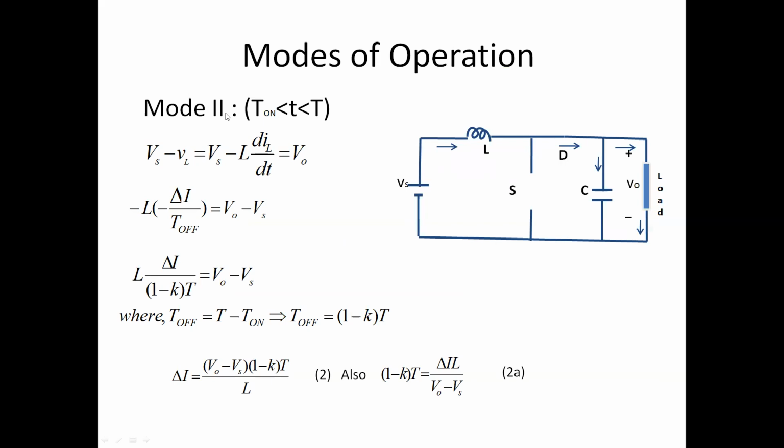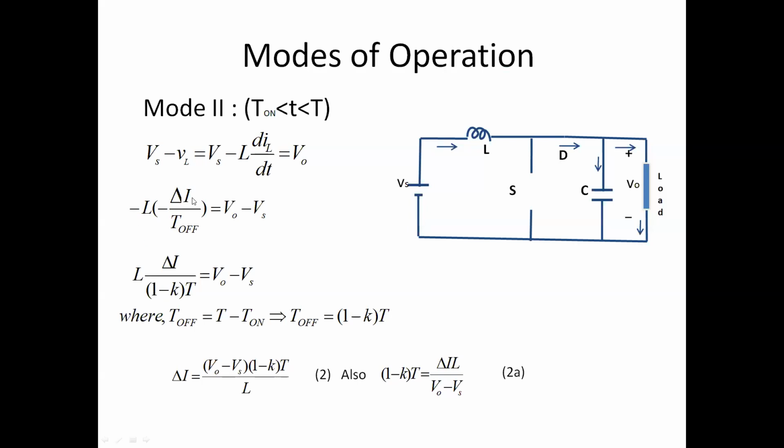Again, during mode 2, we can write the voltage of the inductor as Vs minus VL, equal to Vs minus L into dIL by dt, equal to V naught. During this time, dIL will be equal to I min minus I max, because the current falls from I max to I min. So dIL will be minus del I and dt will be T off.